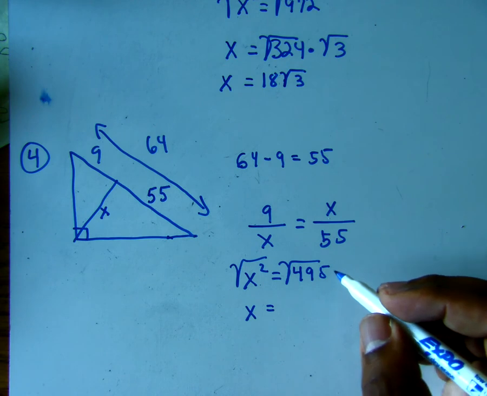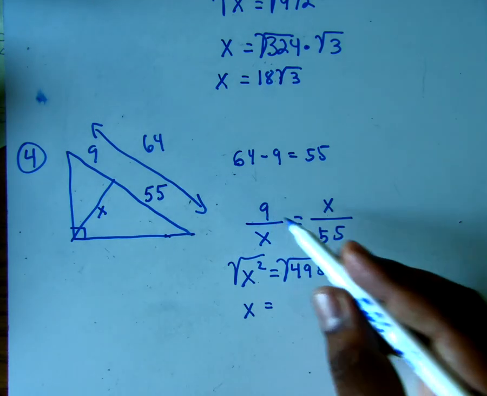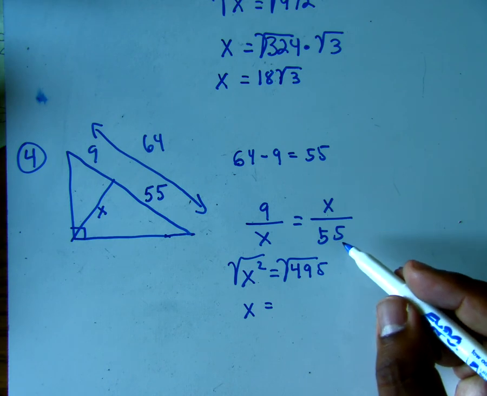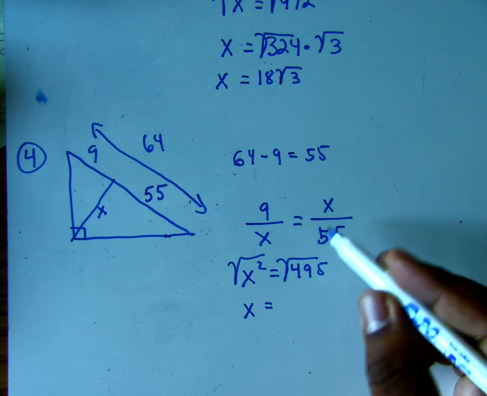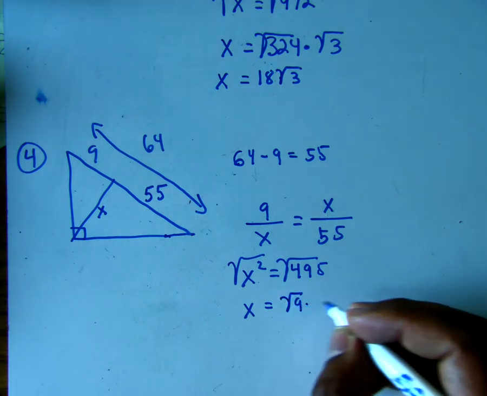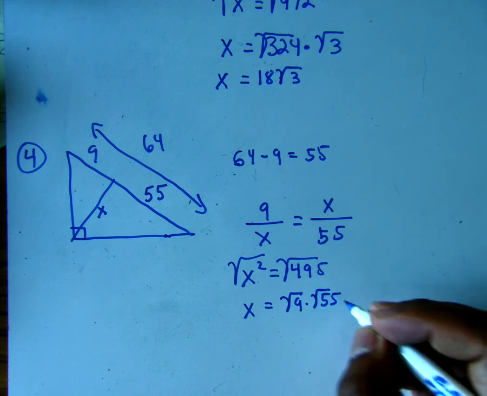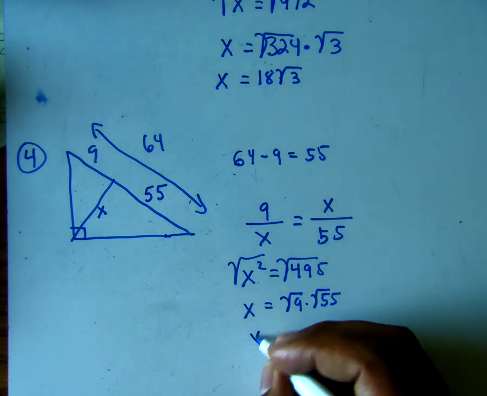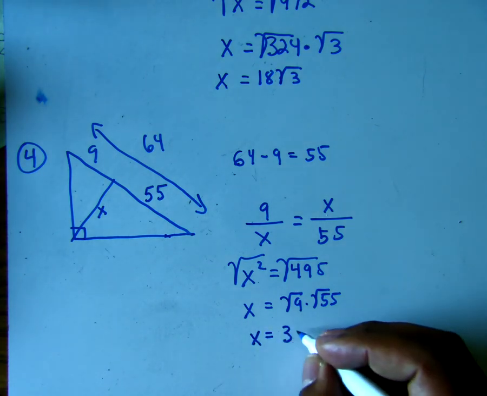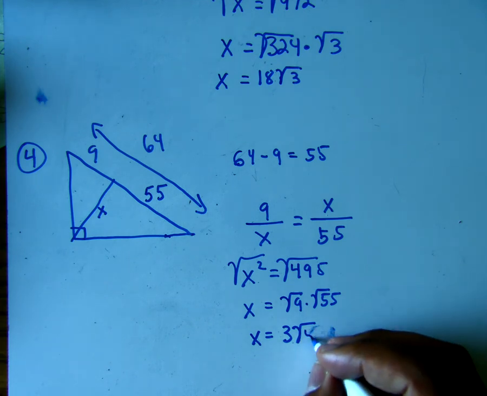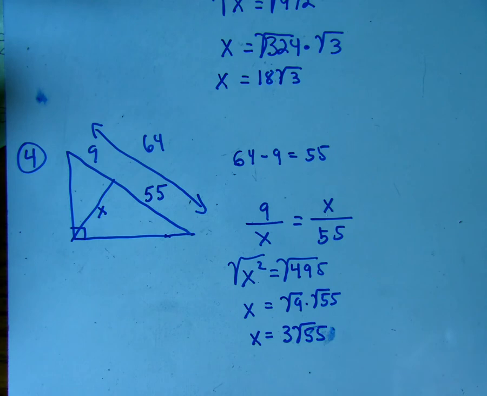But if you notice, we already know a perfect square is a factor of it because we just multiplied. So let's just use that one. And we know that 55 cannot be simplified. So it's going to be the square root of 9 times the square root of 55. And then the square root of 9 is going to be 3. And we leave our 55 here. 3 square root of 55.